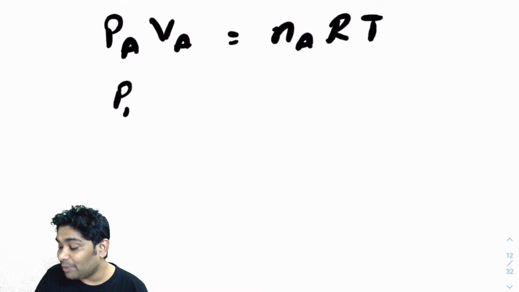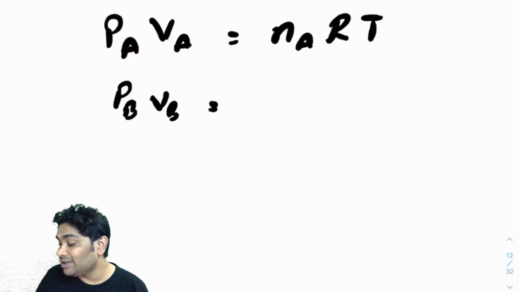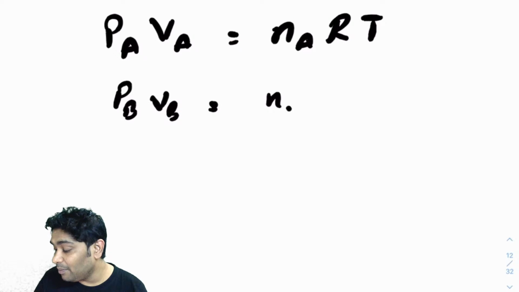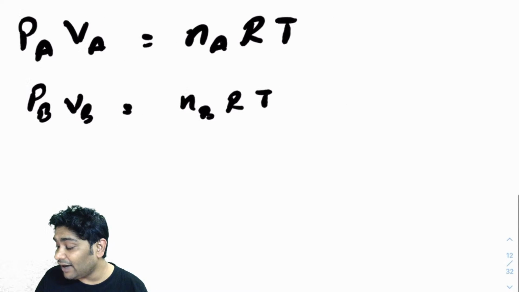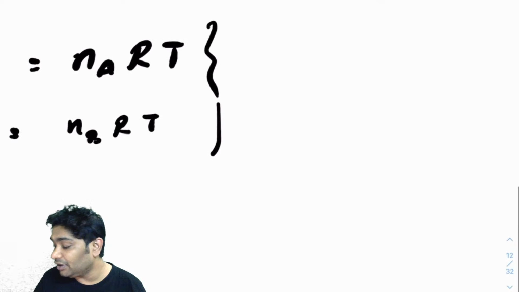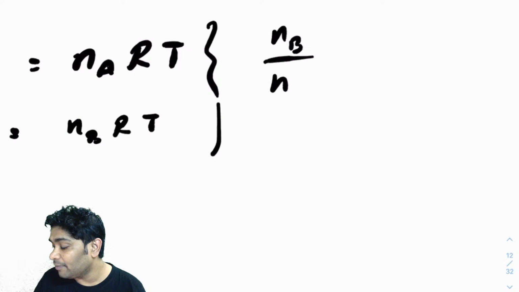Similarly, I can write that PB VB equals NB RT. So you can divide these. When you divide this from here, you know that NB over NA.